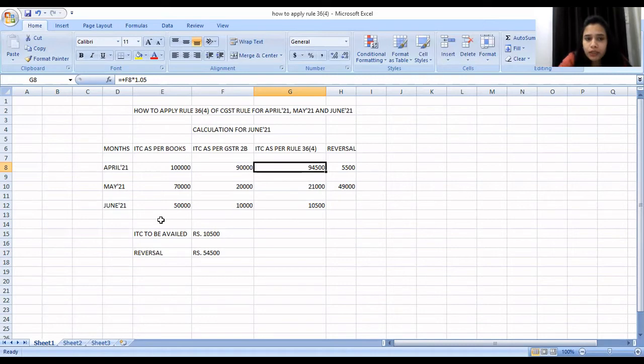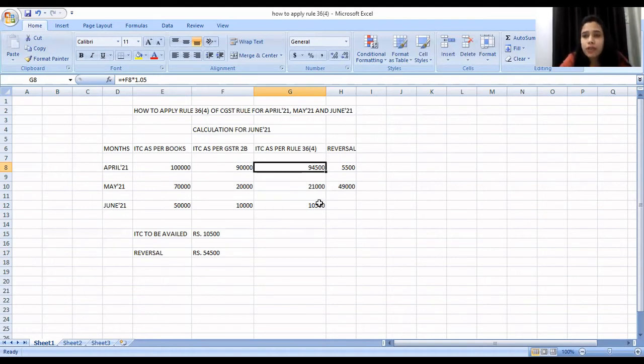And for June month, there is no reversal because I will apply Rule 36 Sub Rule 4. And according to that rule, I will take the ITC. So for June month, as per books, my ITC is 50,000 and as per GSTR 2B, it is 10,000. So as per Rule 36 Sub Rule 4, I can only claim 10,500.